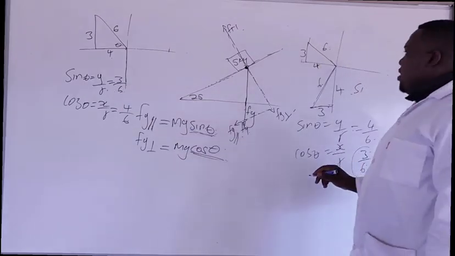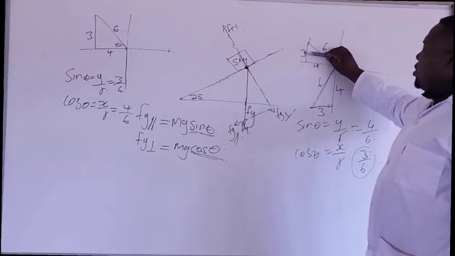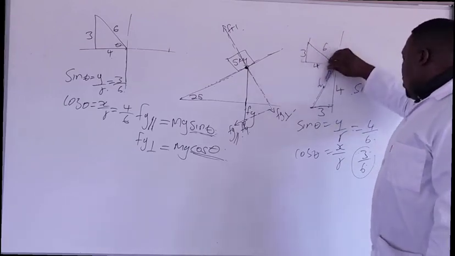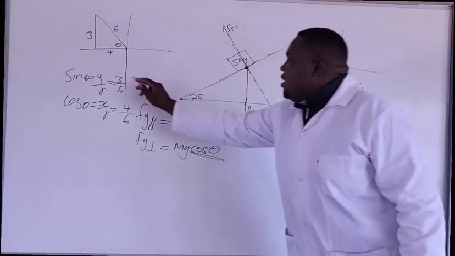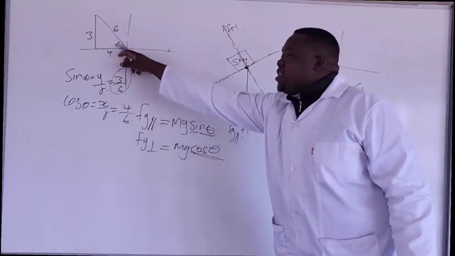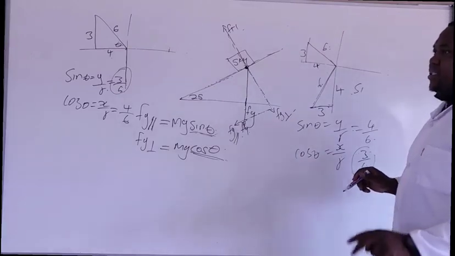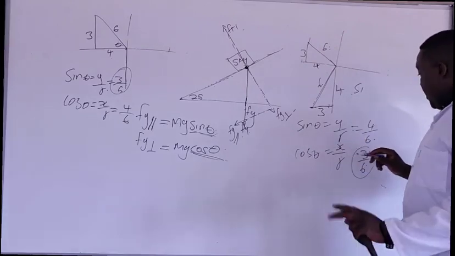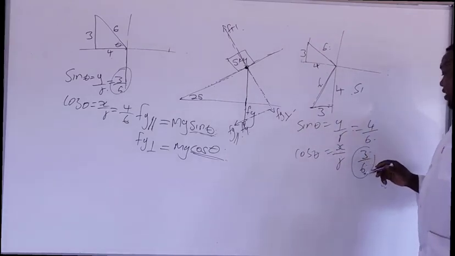So it means that if the triangle changes position as it changed here, we're going to have cos becoming sine. Look at it. Sine is 3 over 6 this side when the triangle is like this. But what you can see here is that there is a change.